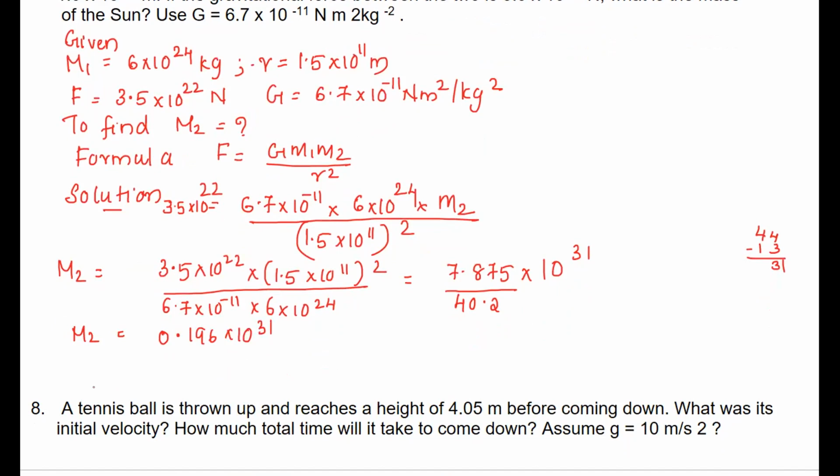Or we can write this as M2 is equal to 1.96 into 10 raised to 30 kilogram. This is the mass of sun.